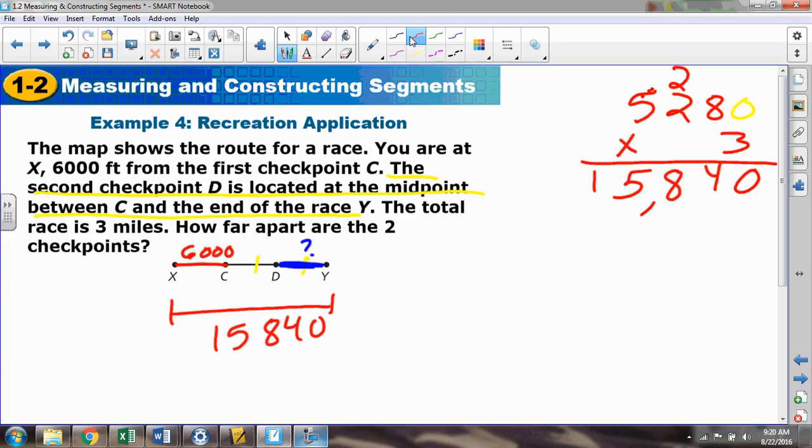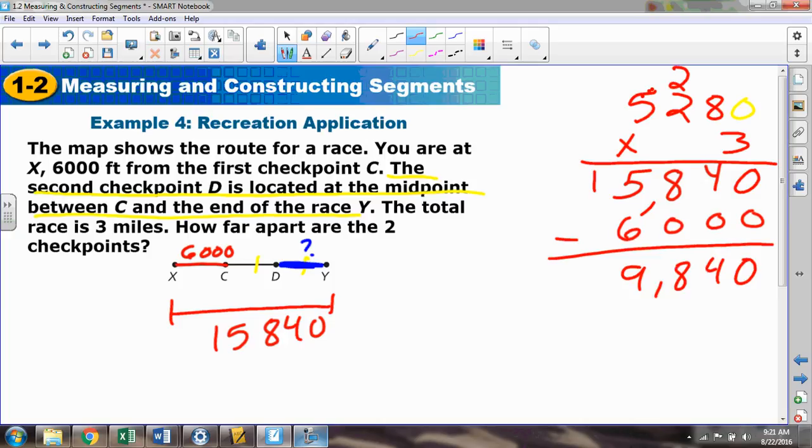Well, I'm hoping that you see in the red, we've got the segment addition postulate going on. We can simply subtract off that 6,000 and get 9,840. This 9,840 is how much is left for the combined pieces. We can cut that combined piece in half because it's a midpoint.